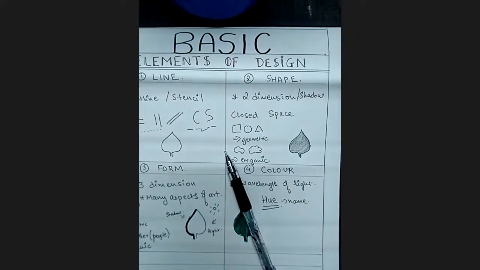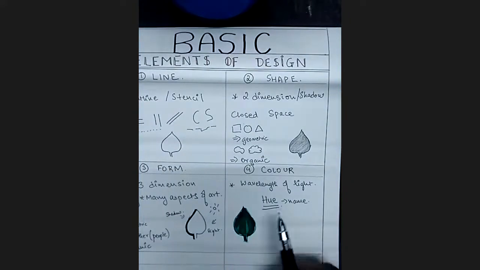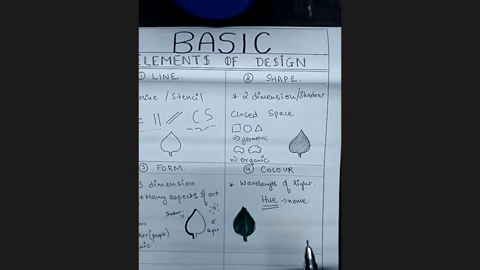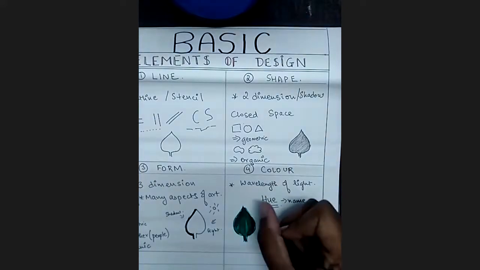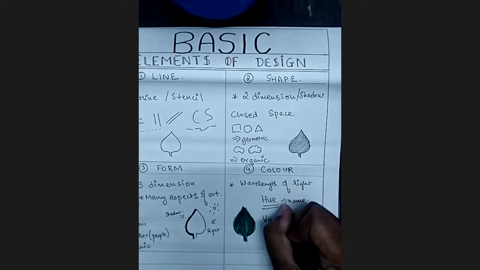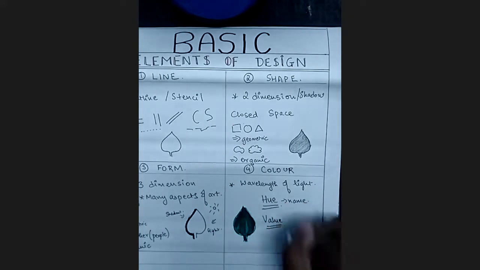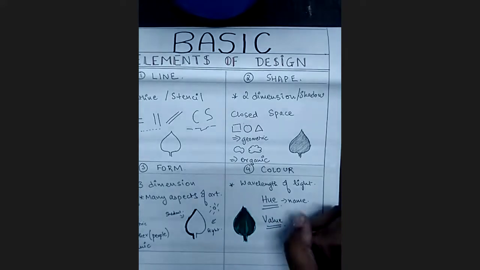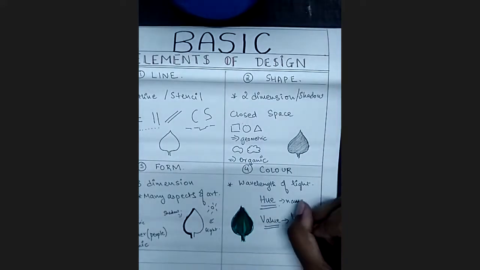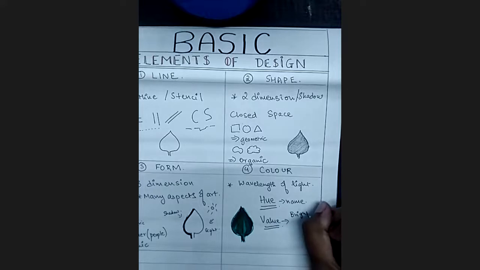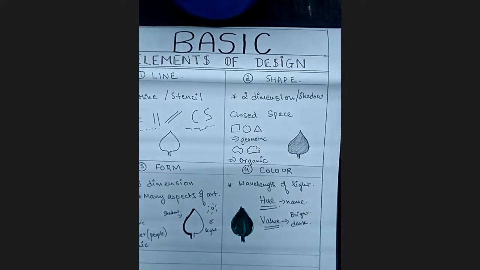We've been saying color, color all this while, but hue is the technical word for the name of that particular color. Now what is the meaning of value? Value indicates how bright or how dark a color is.